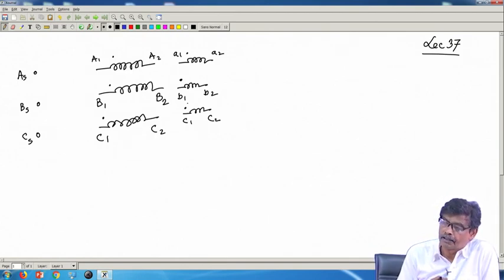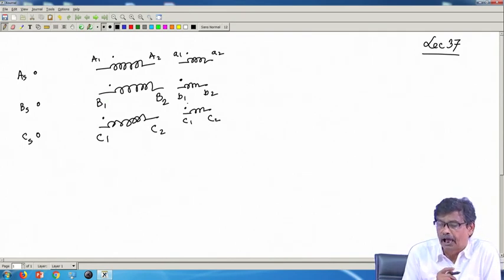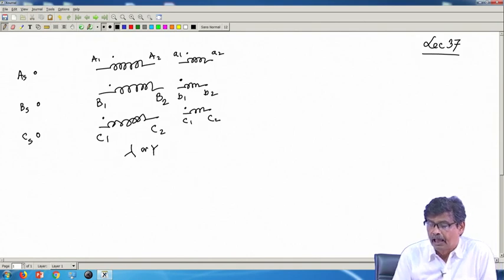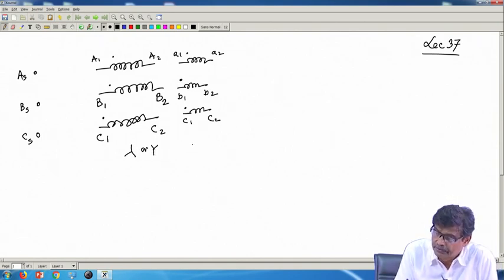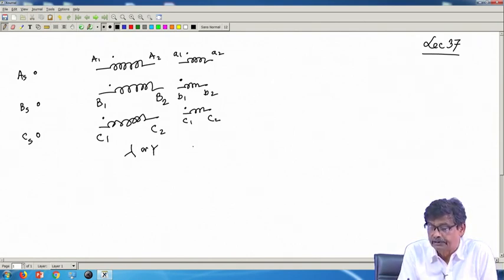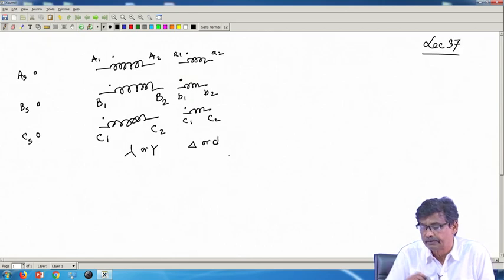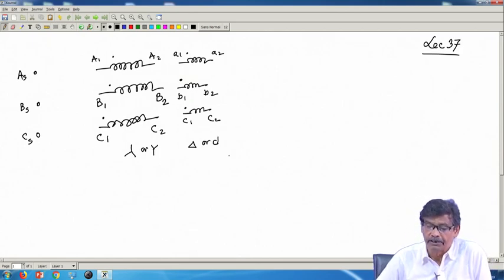So, suppose I say that I will connect the transformer primary in star, Y, and the secondary I would like to connect in delta, or later it is small d. And I will of course make valid connections.